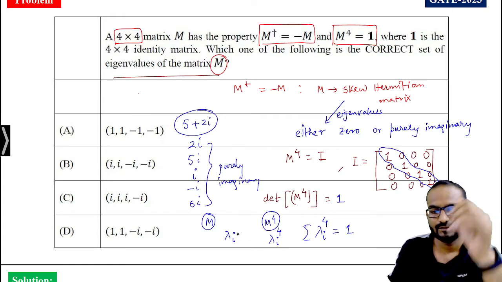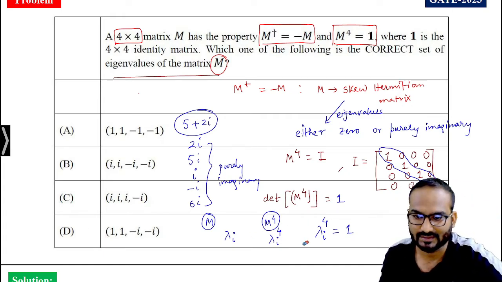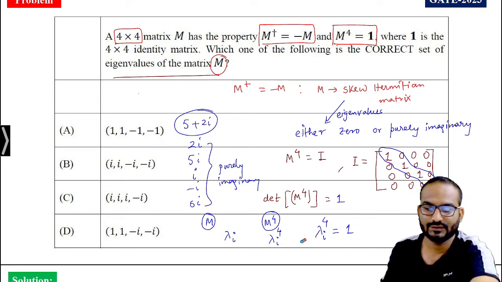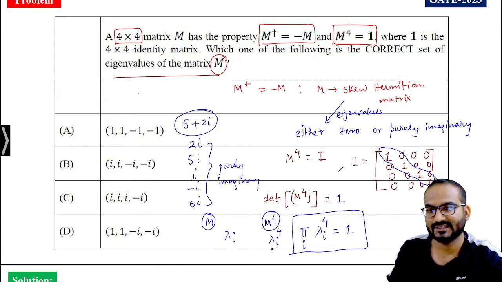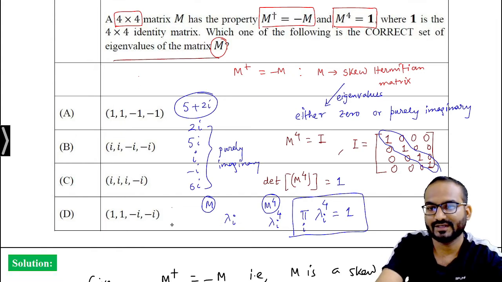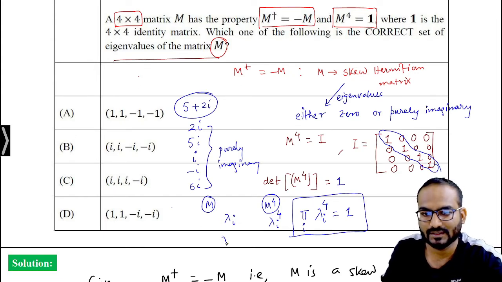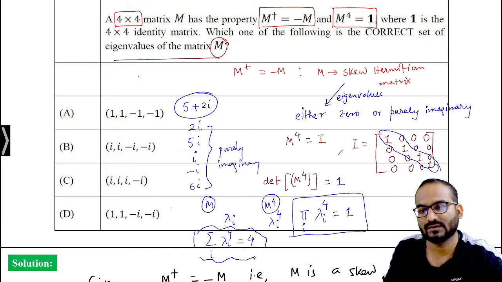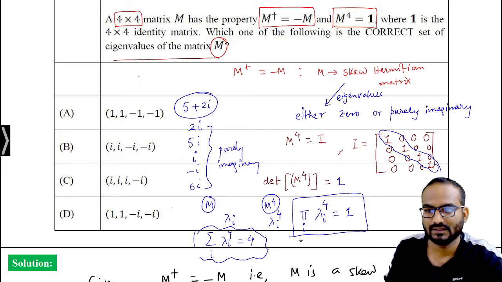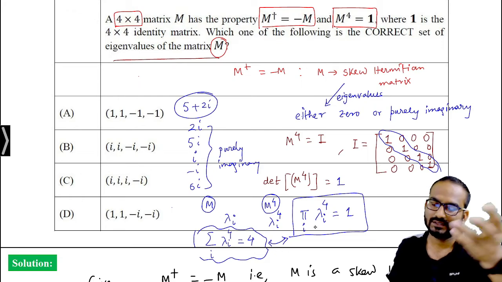This is basically the product of eigenvalues. If we consider the sum of eigenvalues, that will represent the trace. So the trace, the sum of lambda i to the power 4 with i running from 1 to 4, will be 4. Here you are given the possible values of lambda i, and whatever values satisfy these two conditions will be the correct answer.